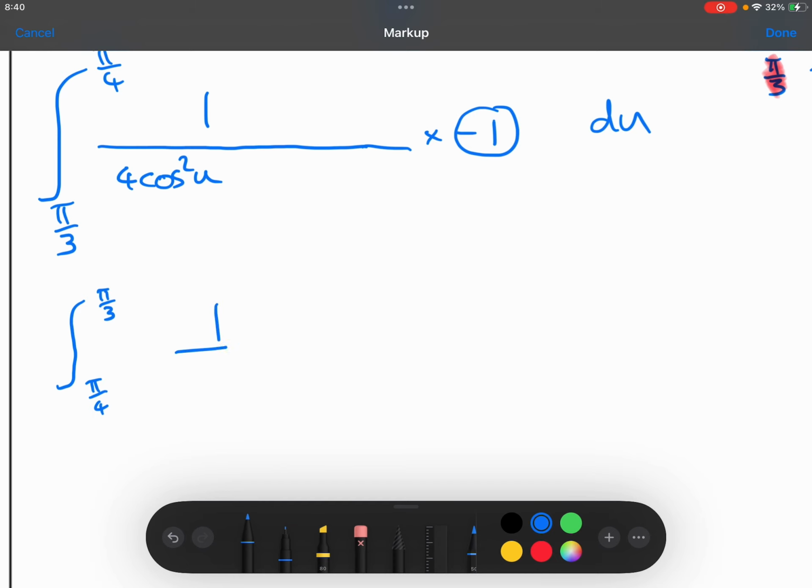Now, this 1 over 4 cos squared, I can think of that as being 1/4 times 1 over cos squared. Clearly that's the same as that. And this 1 over cos squared here, well, that's just sec squared.